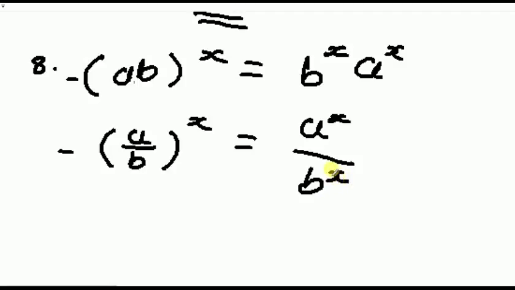The reason why I said they are similar, or they are the same, is that you give x, or you multiply their power, to every term which is inside the bracket with its power. So since here we'll be having power 1 and power 1, you multiply x with this power, so x multiplying with the power of 1, x also multiplying with the power of b, so that's why you get b to the power x.